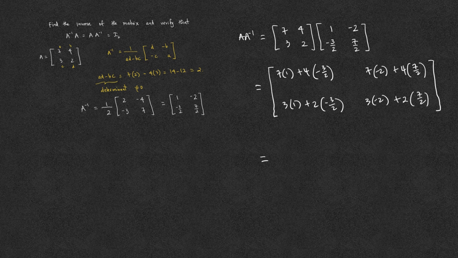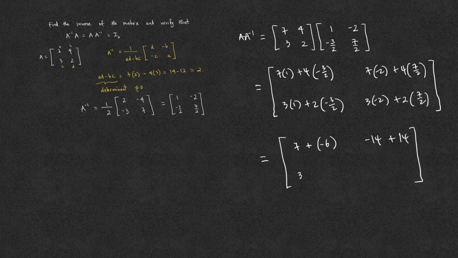Simplifying this, we have 7 plus 4 times negative 3 over 2, which is 2 times negative 3, or negative 6. 7 times negative 2 is negative 14, plus 4 over 2 is 2, and 2 times 7 is positive 14.